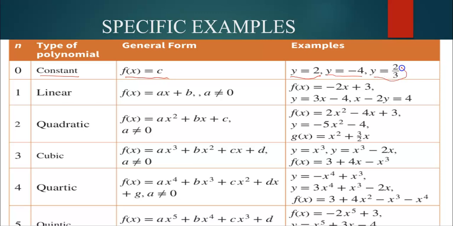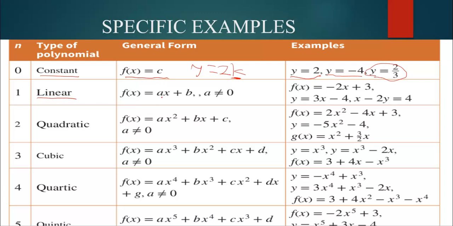Likewise this. So anytime you have y equal to any value k, where k can be any number, then we say it's a constant polynomial.